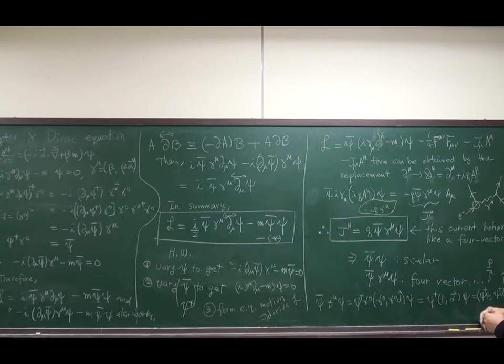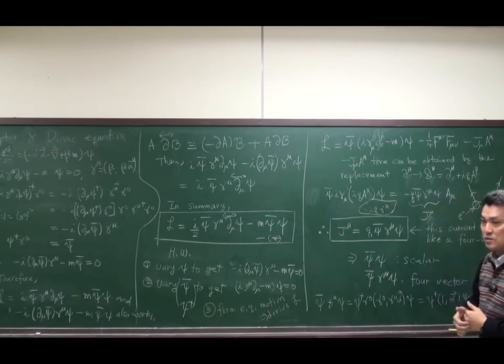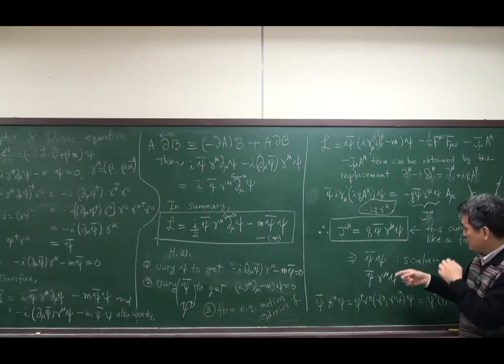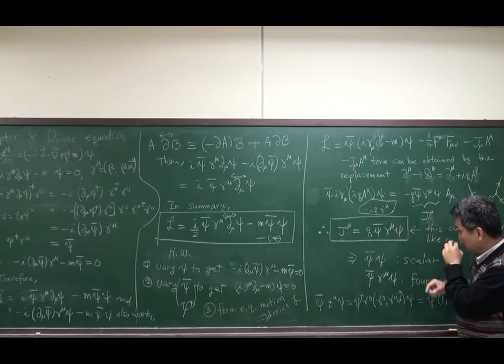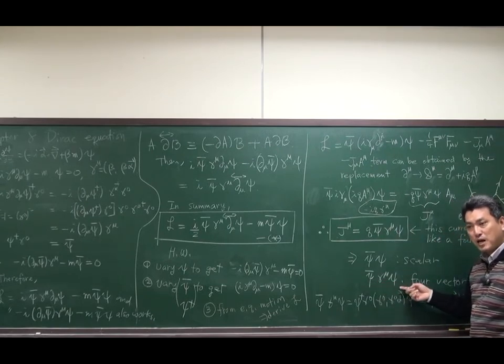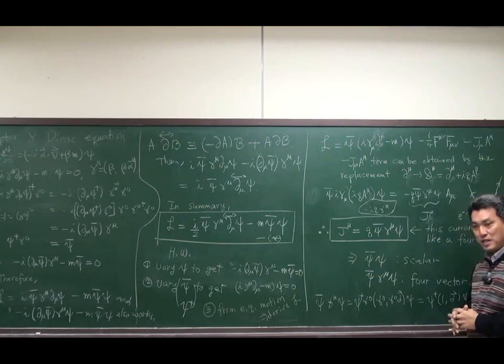Another important thing we find is that this is a Lorentz scalar, so J^μ must be a 4-vector, right? And what about this? This is γ^μ, and this γ^μ sandwiched by psi bar and psi transforms like a 4-vector.